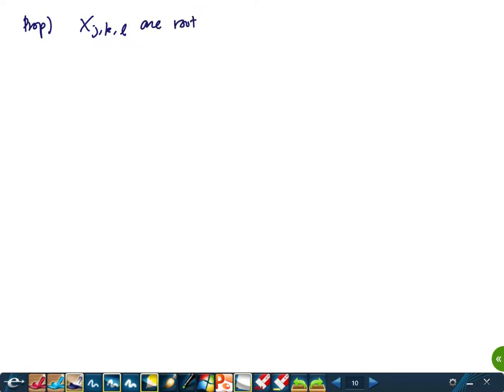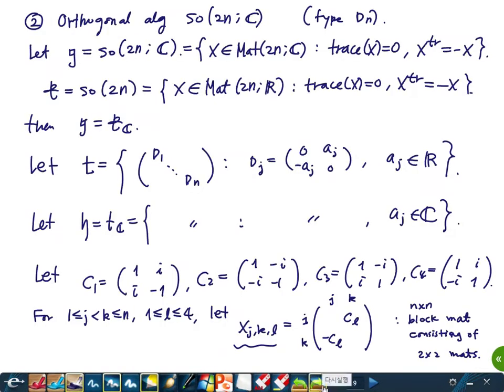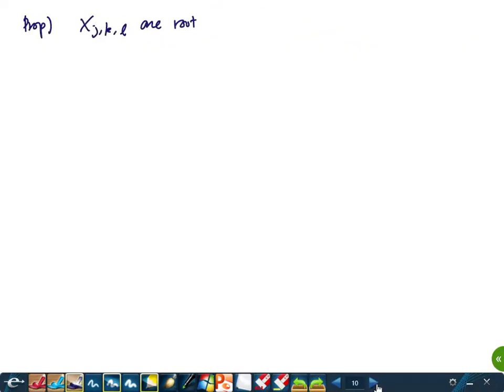Here, root vectors really mean just simultaneous eigenvectors. It's no more than that, because we haven't really checked whether t is maximal. We don't know yet. h is a Cartan subalgebra, but we can still talk about simultaneous eigenvectors. So I write root vectors, but this really means simultaneous eigenvectors, okay? You should understand it that way.